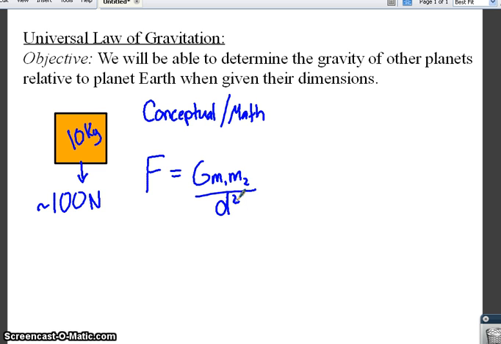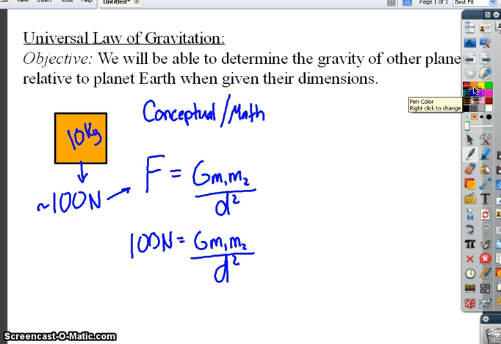So on Earth, this 100 Newton object equals G m1 m2 over d squared. This 100 newtons comes from the universal constant G times its mass, 10 kilograms, times Earth's mass, over the distance between its center and Earth's center. So you can get a lot of questions like this, and AP really likes these kind of questions.